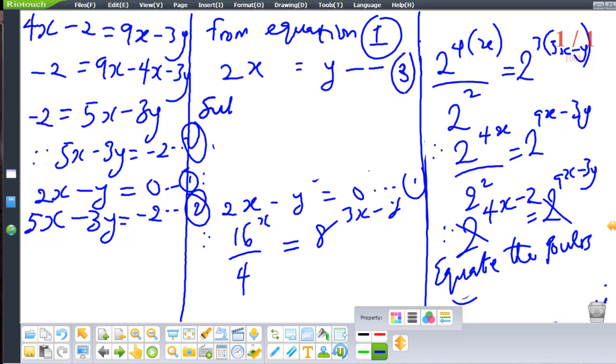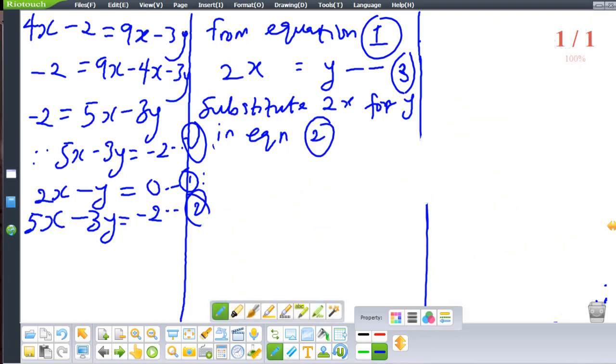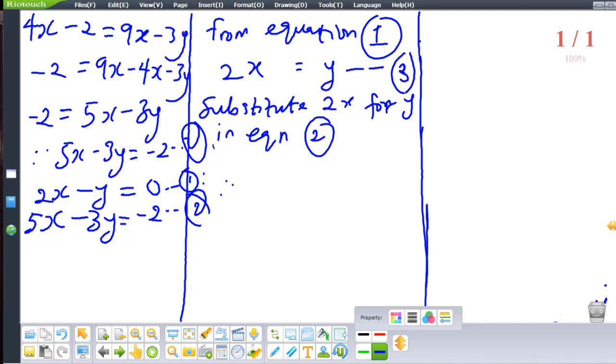So we say substitute 2x for y in equation 2. We've used equation 1 and gotten equation 3. So we move to equation 2.